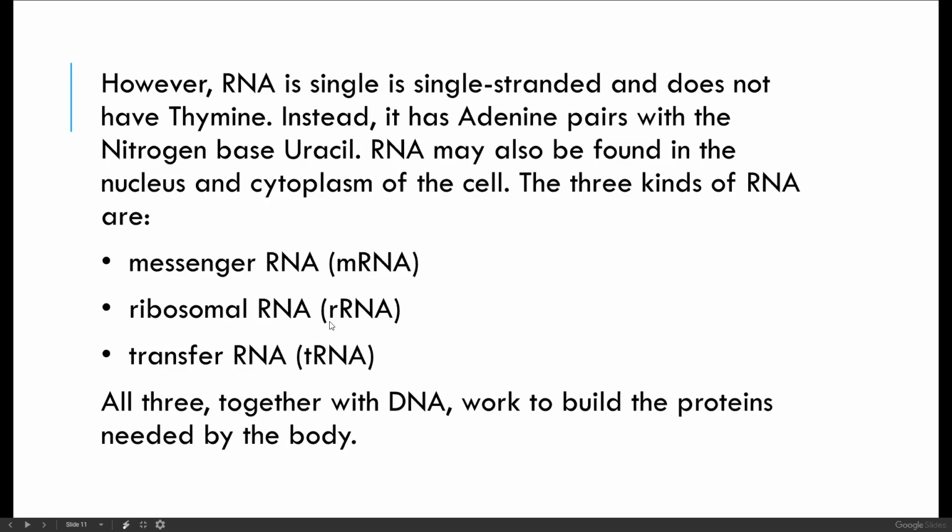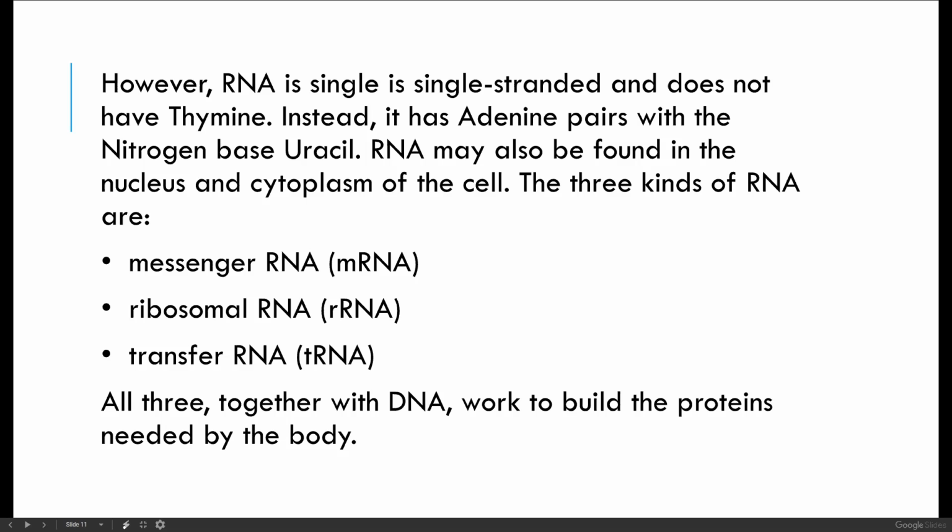RNA may also be found in the nucleus and cytoplasm of the cell. There are three kinds of RNA. One is the messenger RNA or mRNA. The second one is the ribosomal RNA or rRNA. The third one is the transfer RNA or tRNA.